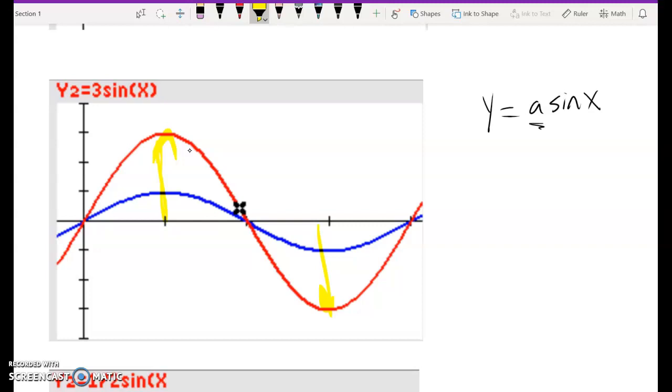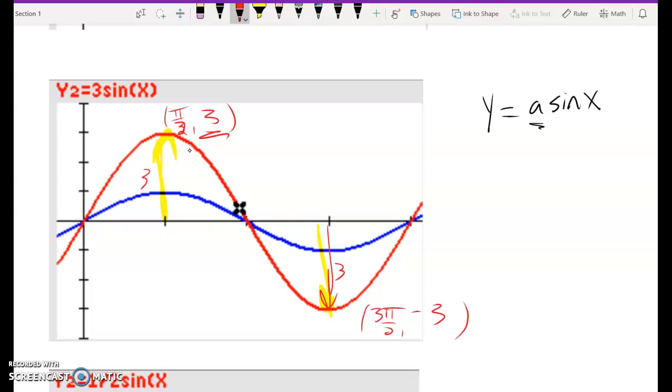So the amplitude for y equals 3 sine x is 3, right? It bumps all the way up to 3 at its max, and it rises 3 from the center line, y equals 0. Right? And it also happens to drop 3 from its center line.